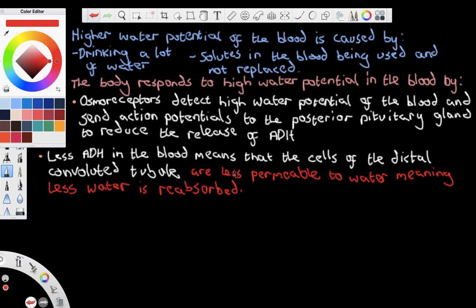What this ultimately means is that more water is lost in the urine, and then once the levels return back to normal in the blood, ADH returns to normal levels. So we can just put that more water is lost in urine.